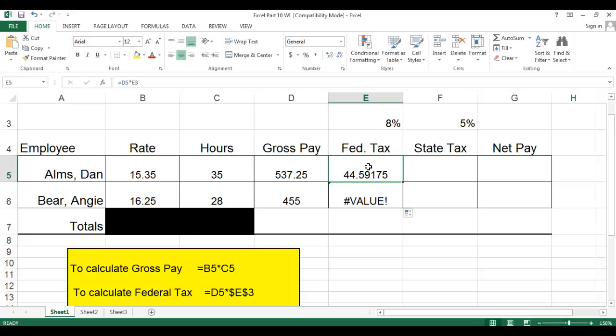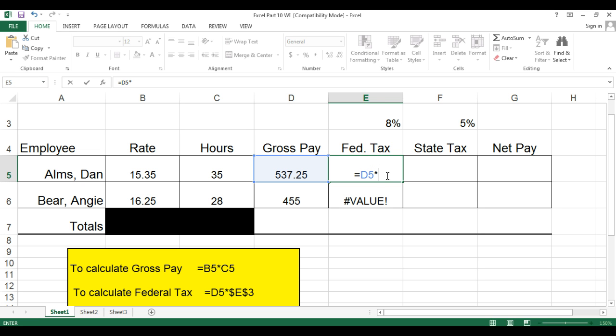Go back to cell E5, click on it, put your equal sign in there, go to your gross pay, that's still the same, multiply, that's still the same. Here's where it's different. Notice that 8% is in column E, and remember that columns run up and down.